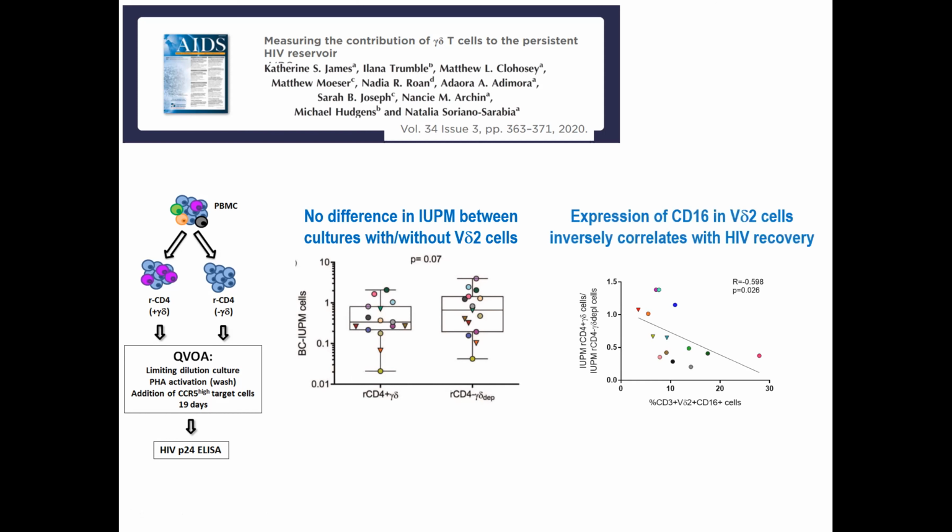So when we looked a little closer, we analyzed nadir CD4, peak viral load, all the variables that were in our hands, and we could only detect the higher expression of CD16 in VD2 T cells was correlated with a lower recovery of HIV in those cultures.